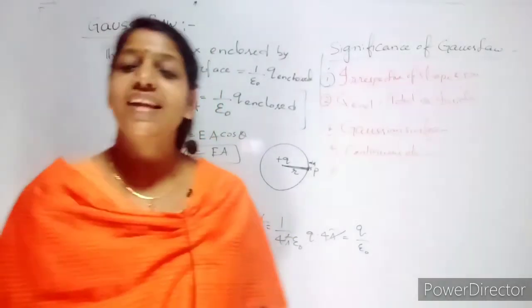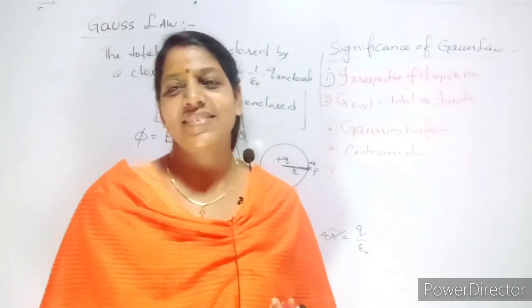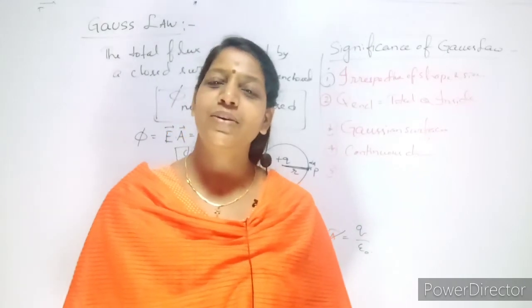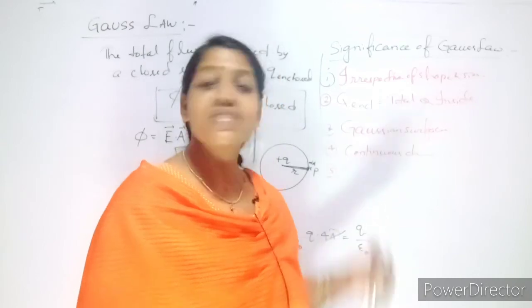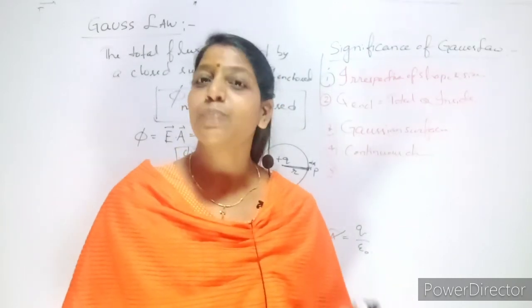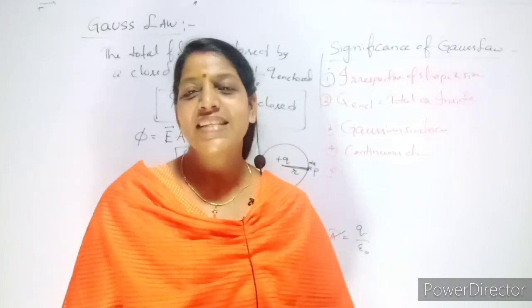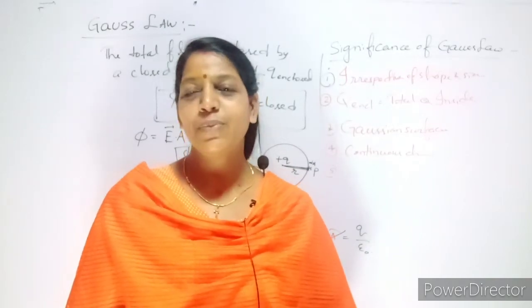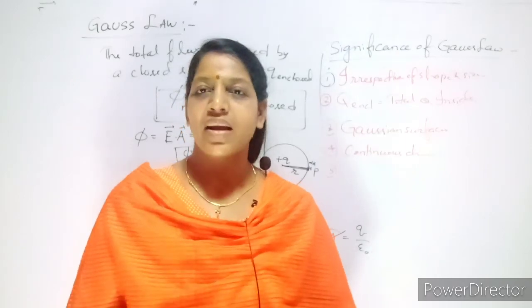The fifth point, which is highly important, is that the same electric field which you found earlier using the formula E equals kq by r square n cap can now be found very easily using Gauss law, provided the body is symmetrical. I hope you know the meaning of symmetry. Imagine a rectangle or square or circle.